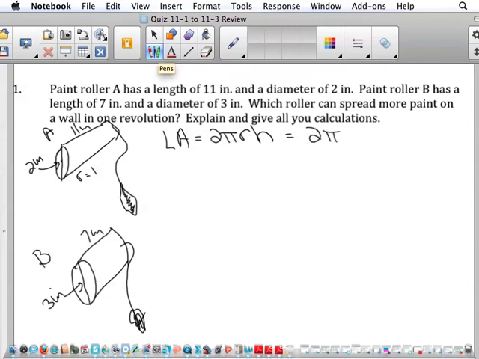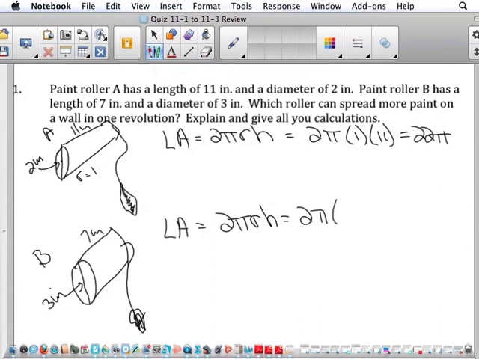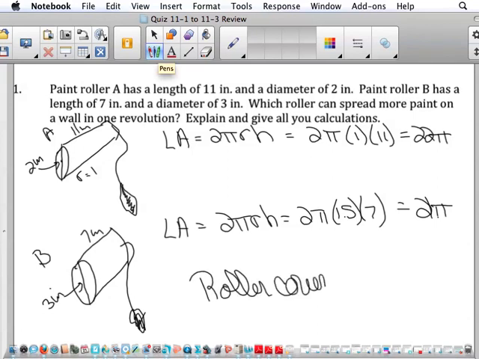So 2 pi times the radius 1 times the height 11, which is 22 pi for paint roller A. The lateral area for paint roller B, again, 2 pi r h. I have 2 times pi, but now my radius is 1.5 and my height is 7. So I have 2 times 1.5 times 7, which gives me 21 pi. So roller A covers more area.